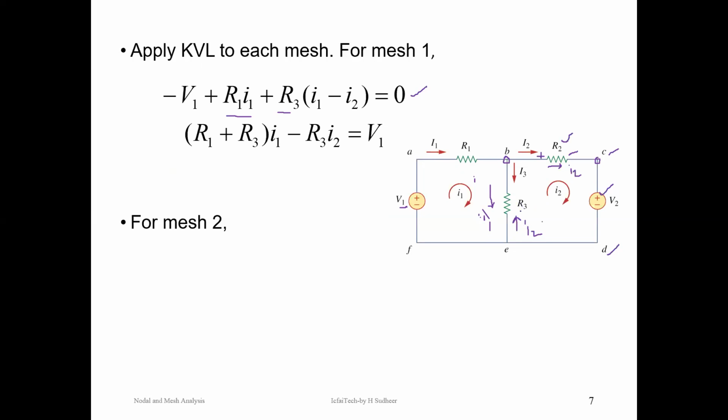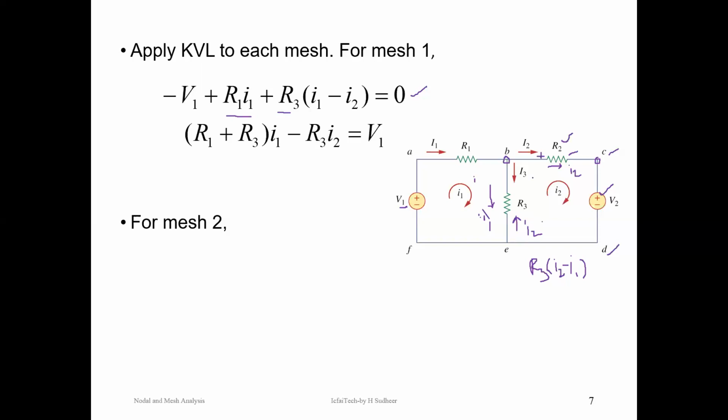So the resultant current in R3 should now be R3 into I2 minus I1. The signs will be taken care of. Just remember, when you are considering the second mesh, we'll assume the second mesh current is greater than any other mesh currents in a common circuit branch.